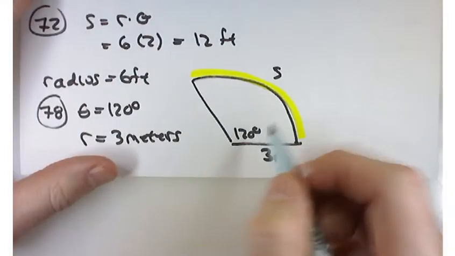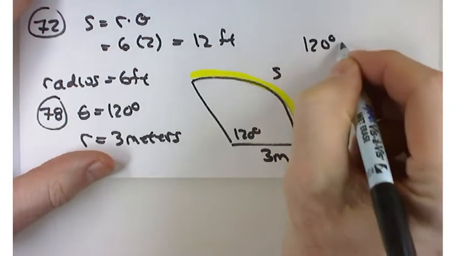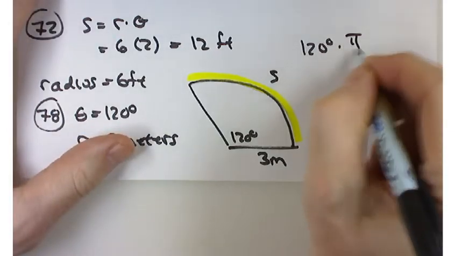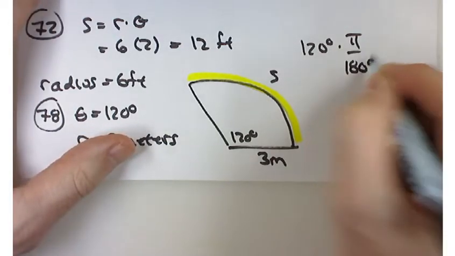Let's do that first. So 120 degrees, what should I multiply by to convert that to radians? I know that goes back before our break, so maybe it's a little foggy. Pi over 180. Good.